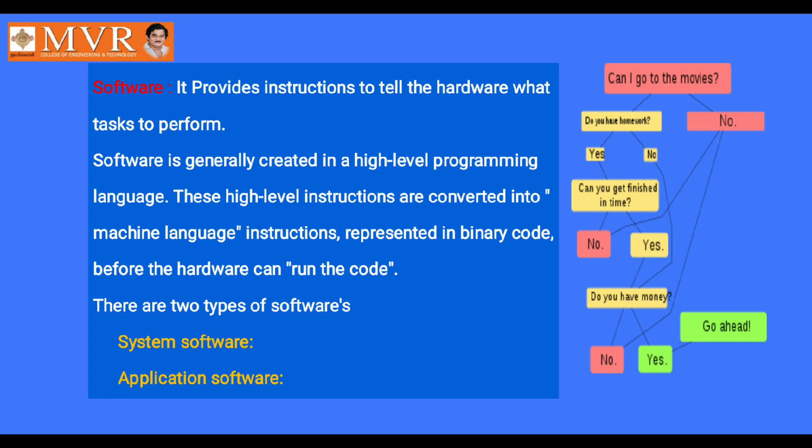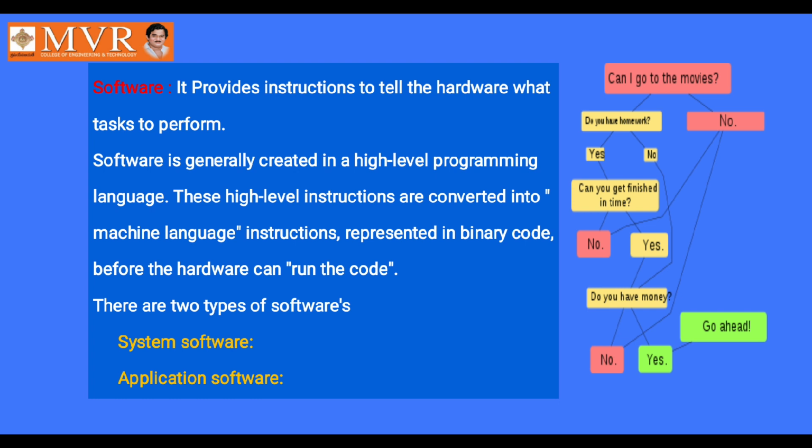There are two types of software: system software and application software. So what is system software and what is application software? System software is used to run the computer hardware and the computer system itself. See, initially whenever you switch on the system, the computer automatically performs an operation called booting.